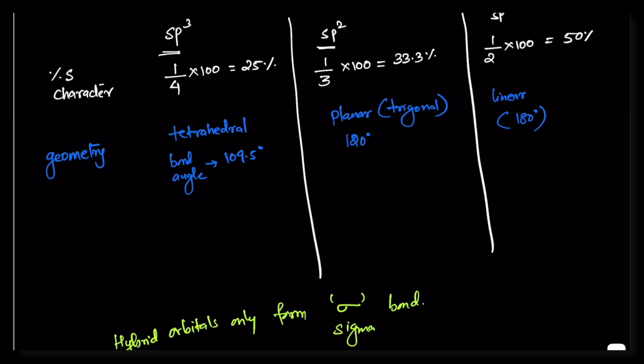In the case of sp3, all the 4 orbitals, 1 from s and 3 from p, took part in hybridization. So for the carbon that is sp3, you will see only sigma bonds. So it will be 4 sigma bonds. Any carbon that is sp3 will have 4 sigma bonds.